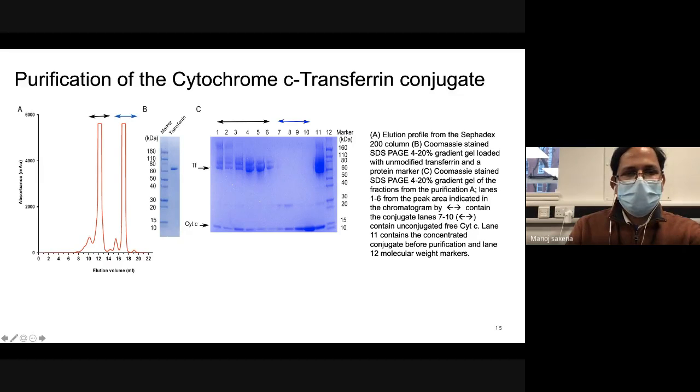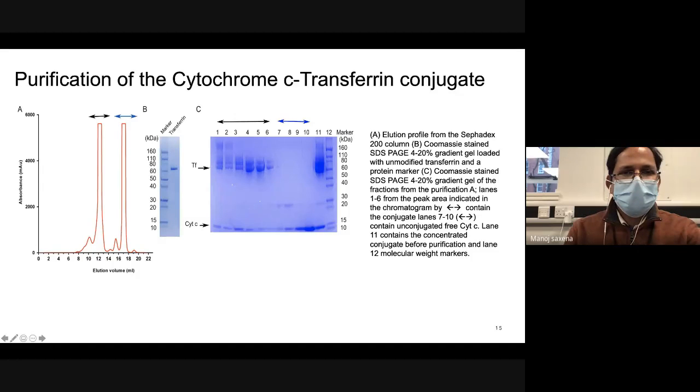This was done to separate the formed conjugate from the unfinished reaction, because no reaction is 100%. So there was some unconjugated product, which you can see on the gel here, and the finished product, which contained both transferrin and cytochrome C attached together, was eluted.